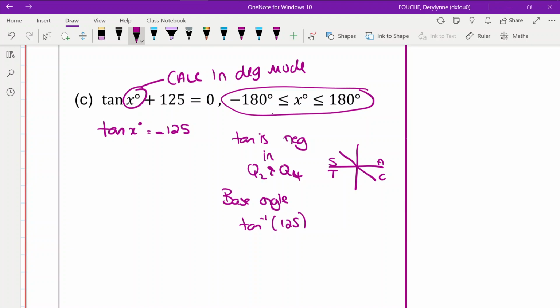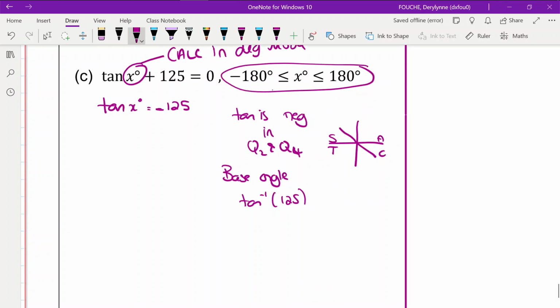Okay, and I now know that I'm going from negative 180 to positive 180, so I'm going half around there and half around in that direction.